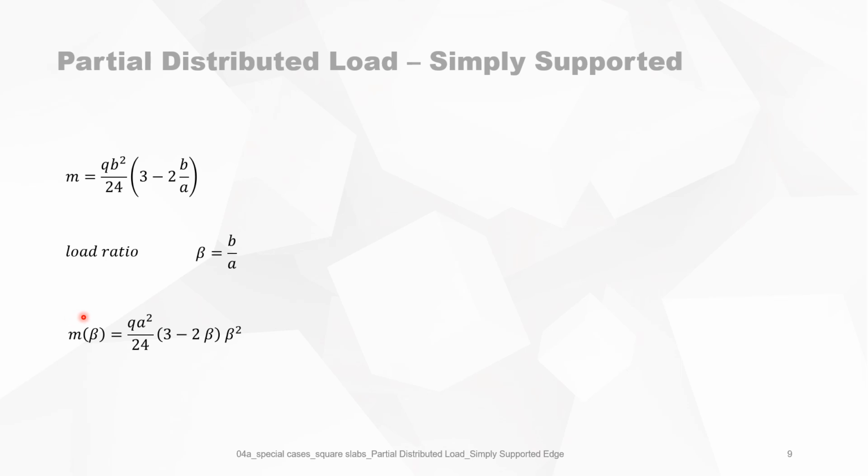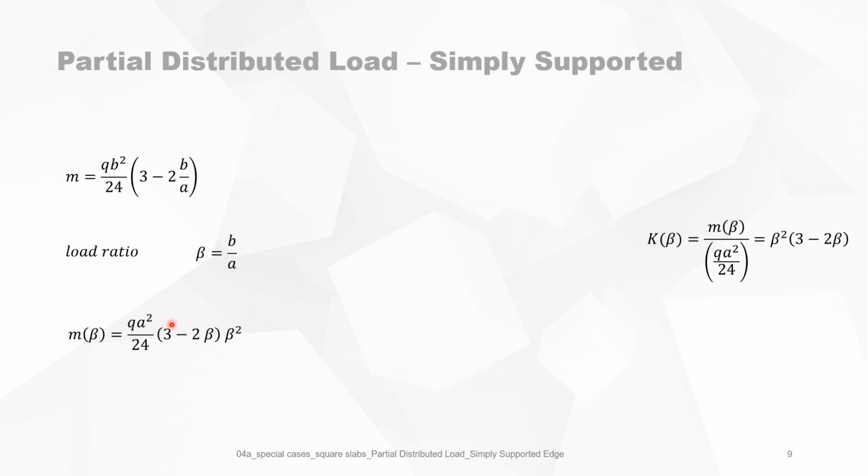So we rewrite this equation by substitution, and we find in this equation the Q A squared over 24, which we recognize as the maximum bending moment for a slab totally loaded over the whole surface.